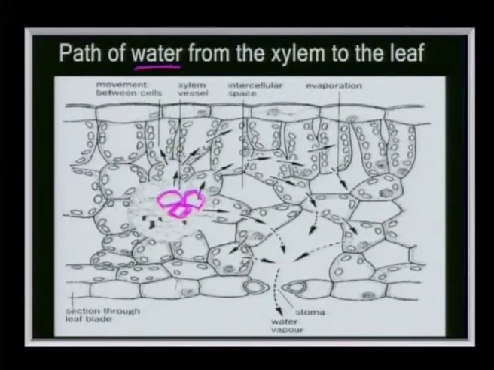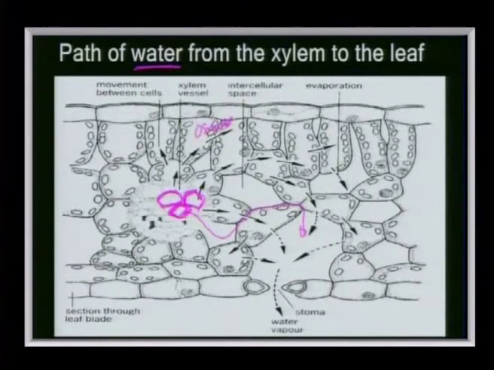So from the xylem vessel, the water will then move from cell to cell. If it's going from cell to cell, it's moving by osmosis. If it's moving along and into the intercellular air spaces and along the cell walls, etc., and then into this substomatal airspace, then it's moving by diffusion.